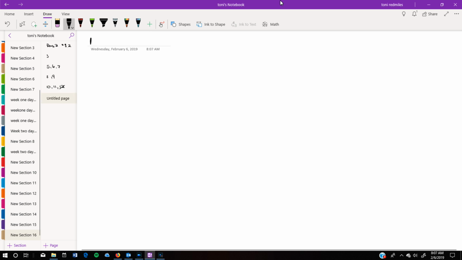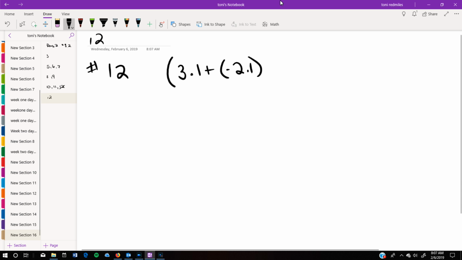All right, number 12, and this is our last one for this homework set. All right, number 12 is 3.1 plus negative 2.1 minus a negative 6.1 plus a negative 10.235.